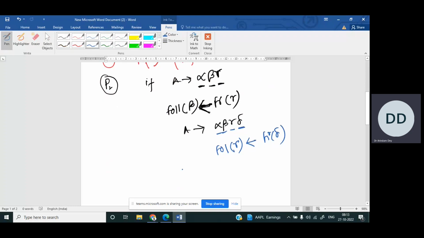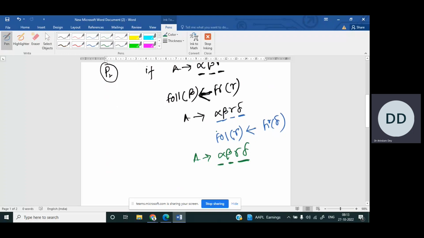Now you may want to change the production. Let's say you want to write A → alpha beta gamma delta in a different format: alpha, beta, and gamma delta. You said that sir, I will take this one as the first segment, this as the second segment, and this third one as the third segment.